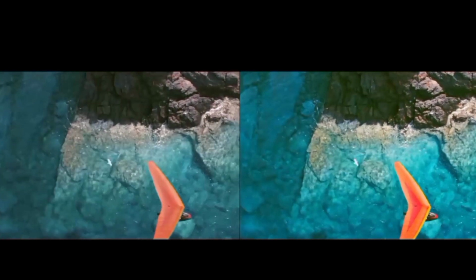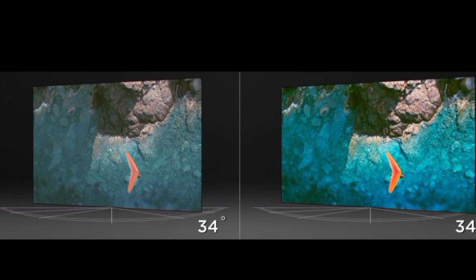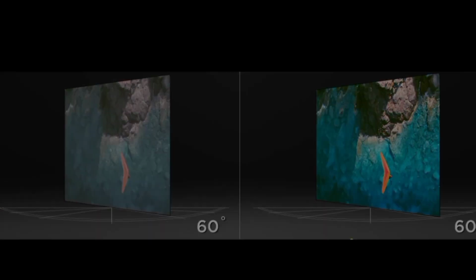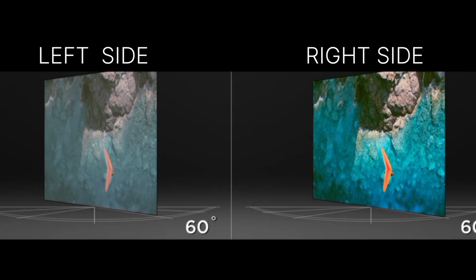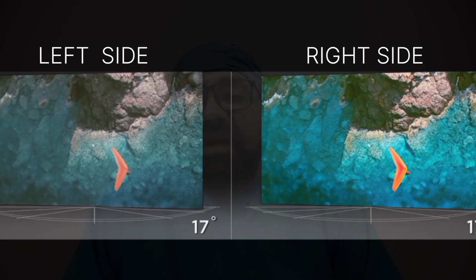Similarly, as we are shifting on the sideways, the screen with a better viewing angle is very clear, that is on our right side, and the screen with a very bad viewing angle becomes hazy, and that is on our left side. So after these two examples from the video, I hope you get an idea what is a viewing angle. Basically, how clearly you can see the screen once you move from the center of the screen towards the sideways.